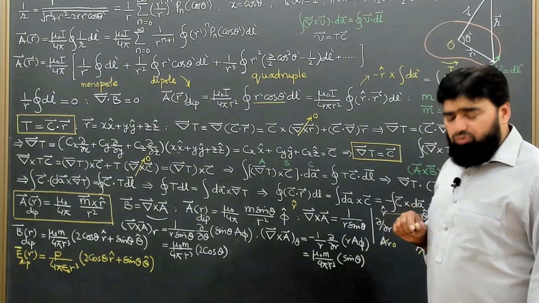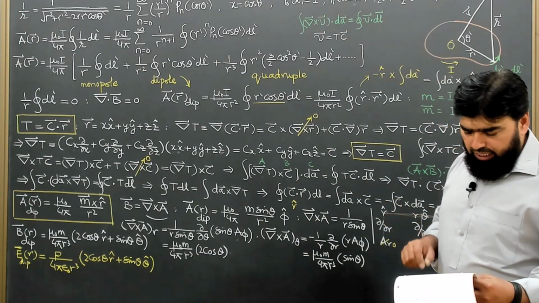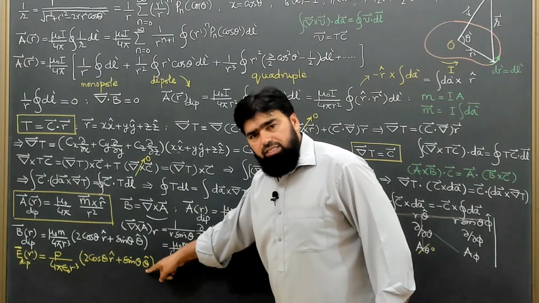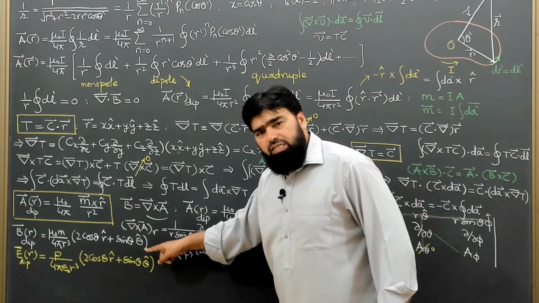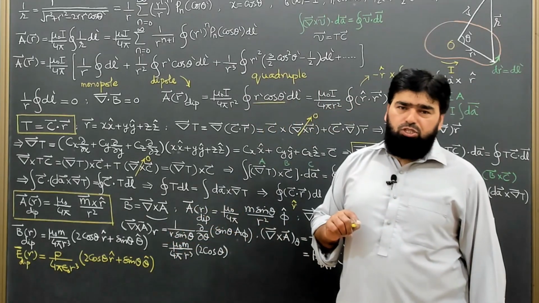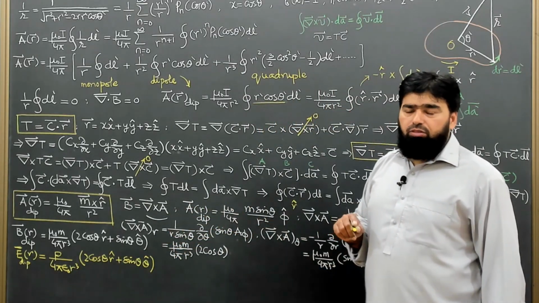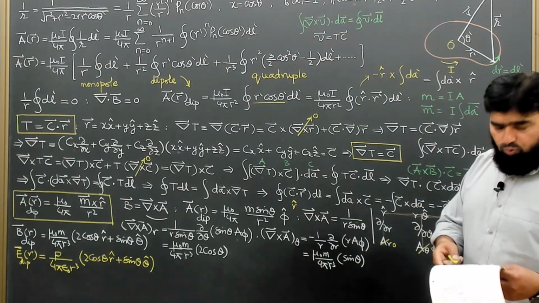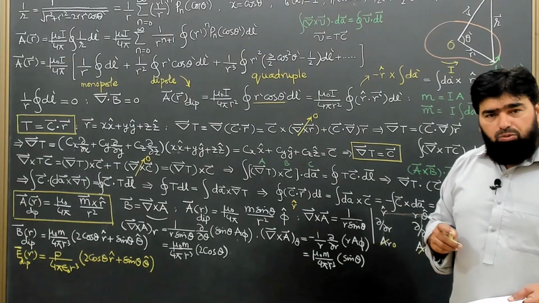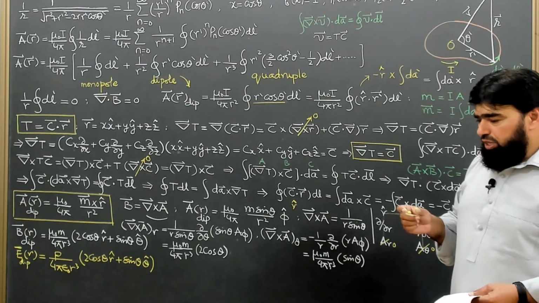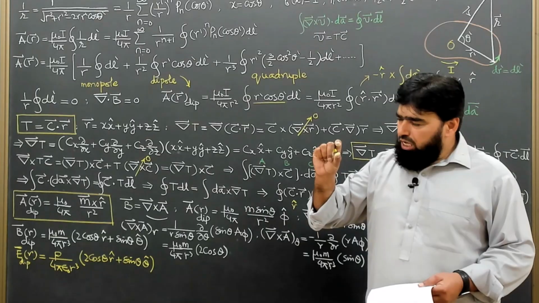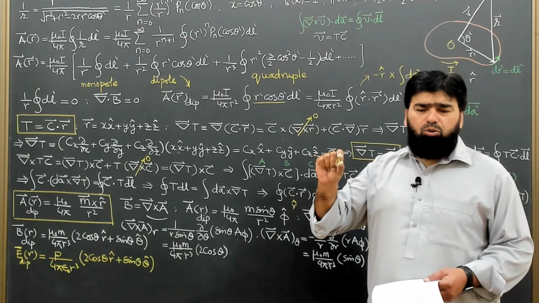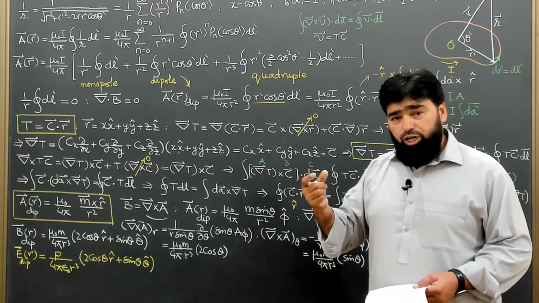The reason for this is that, whether it is this case or this case, they are basically ideal dipoles. They are not physical dipoles. They are ideal dipoles, or we can call them pure dipoles, like when the sources are too close to each other, so that the separation can be ignored and it is considered as a point.